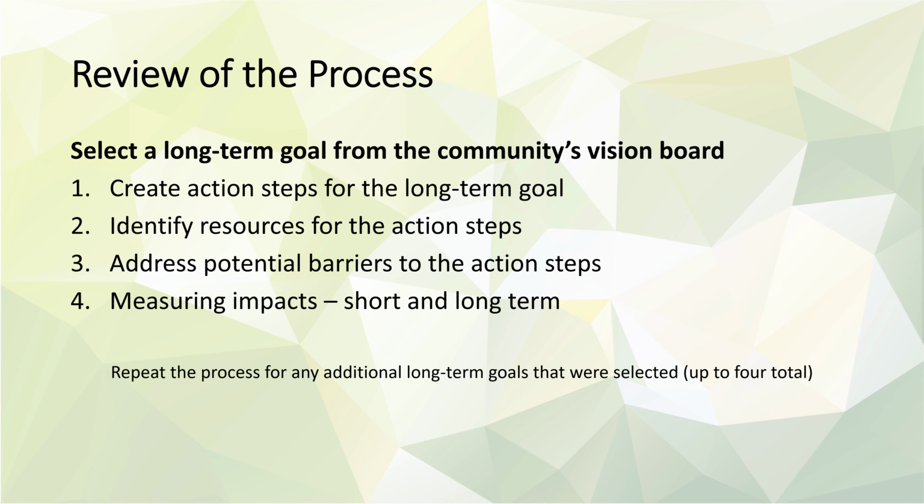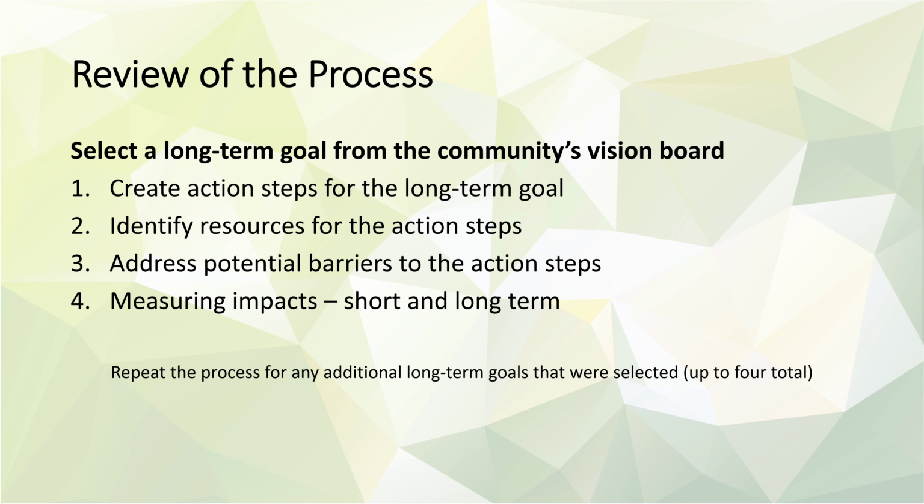So let's quickly review this process we just talked about. You're going to select a long-term goal from the community's vision board. You're going to be creating action steps for that long-term goal, identifying resources for those action steps, addressing potential barriers, and most importantly, those factors that are going to support the action steps and how they might really contribute to reducing any potential barriers.